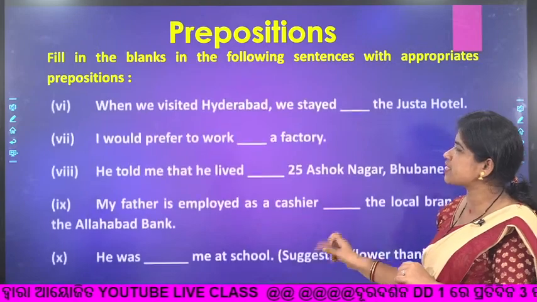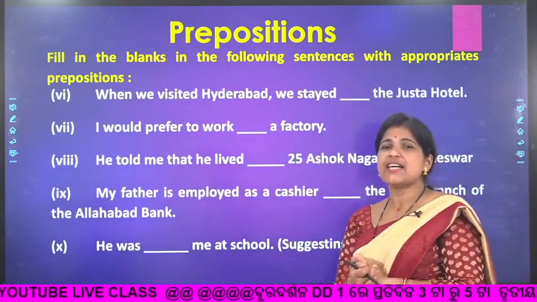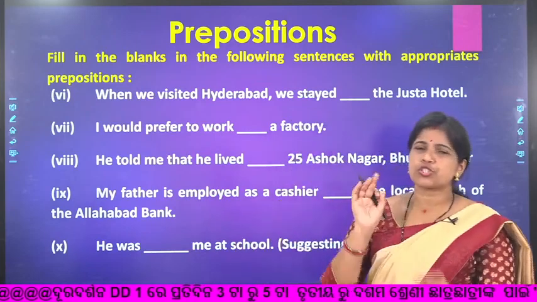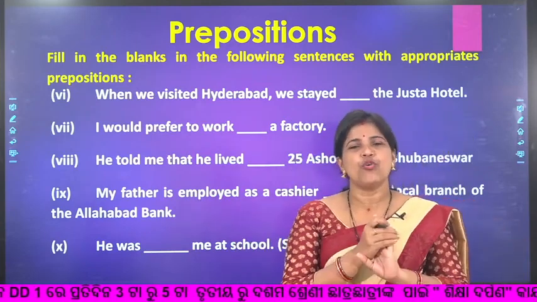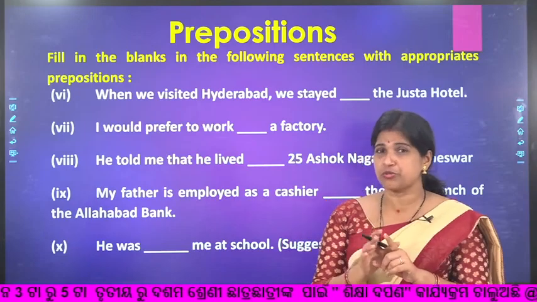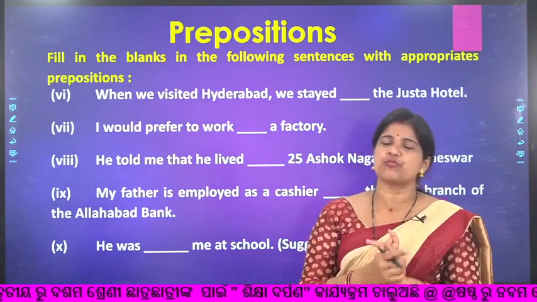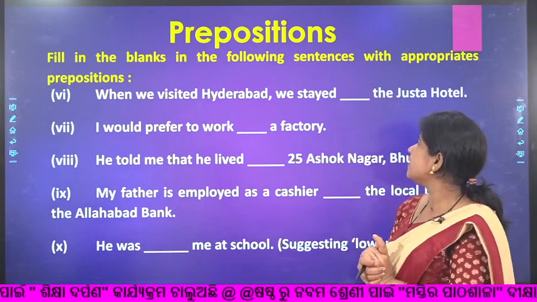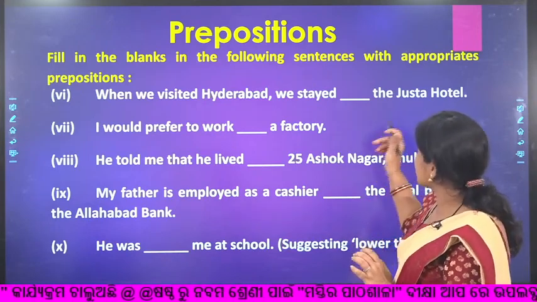The next few questions, again try to read it and find out whichever is correct. Most of the clues are given in your book, only one work that you have to do, read the book, once again I am saying read the book. When we visited Hyderabad, we stayed just dash a hotel.